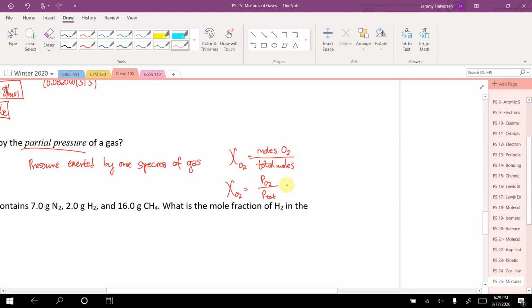And so usually how we write this is the partial pressure of O2 equals the mole fraction of O2 times the total pressure. In other words, if 80% of the moles are oxygen, then 80% of the pressure is going to be oxygen. Okay? This is our equation for partial pressure.